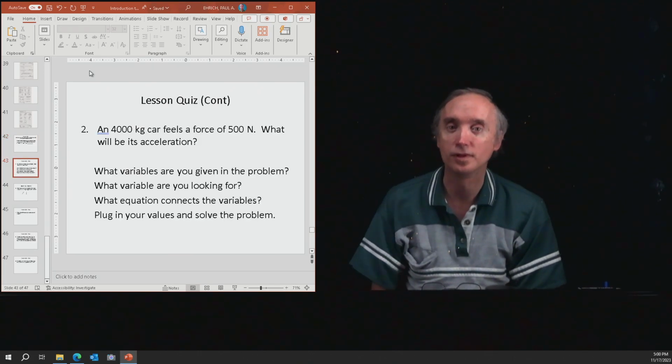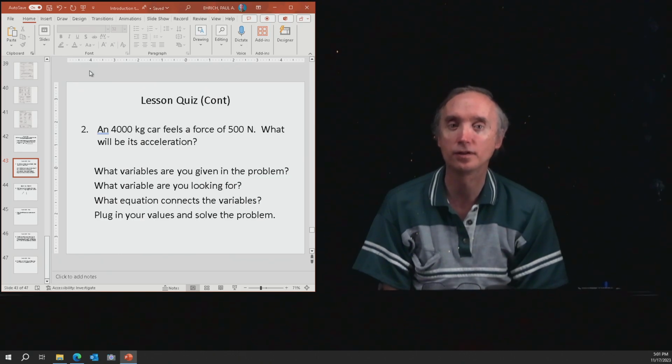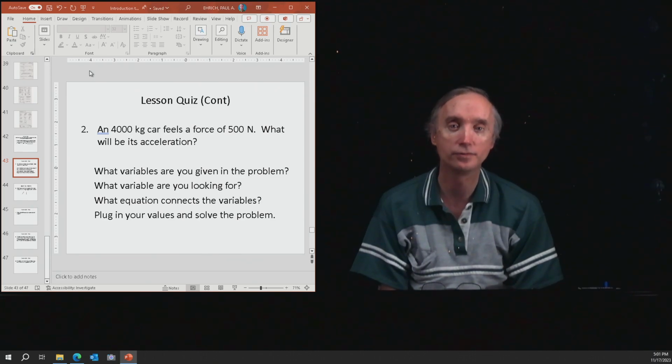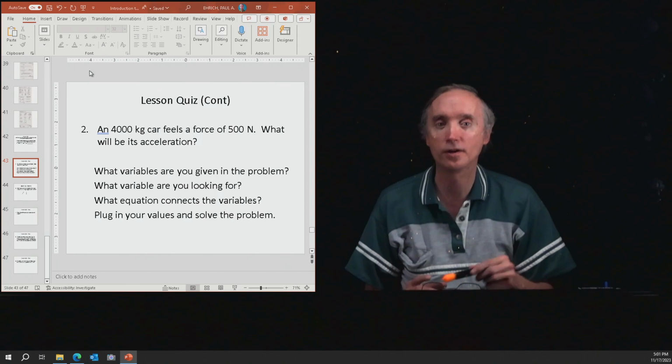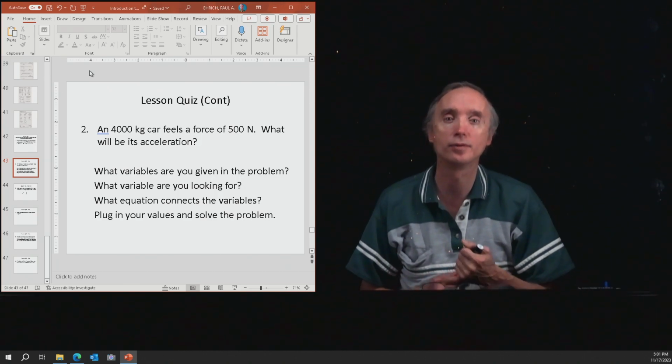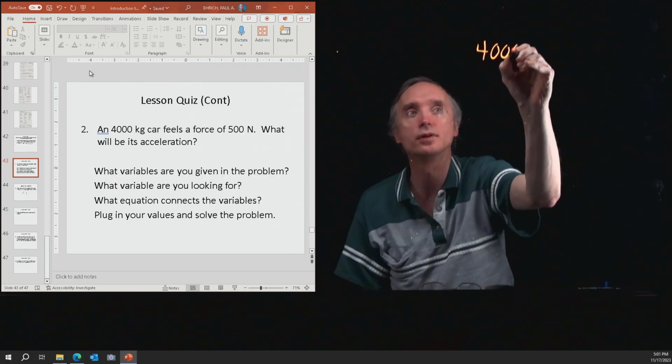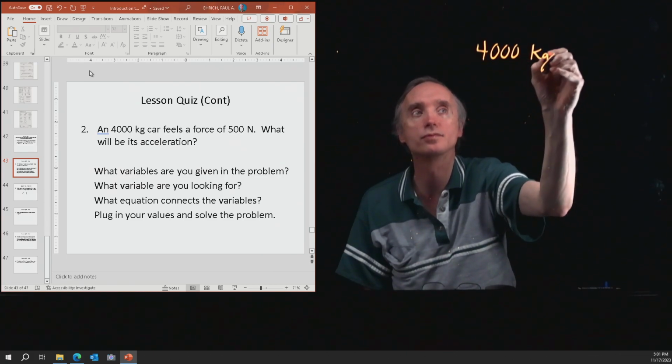Question number 2. A 4,000 kilogram car feels a force of 500 newtons. What will be its acceleration? So what variables are you given in the problem? Well, it says 4,000 kilograms.